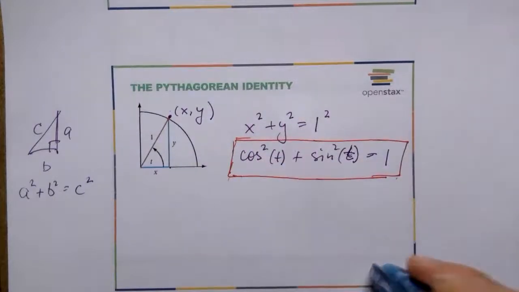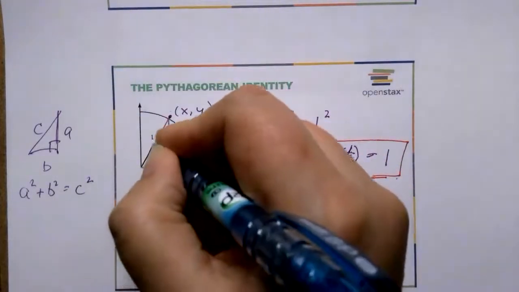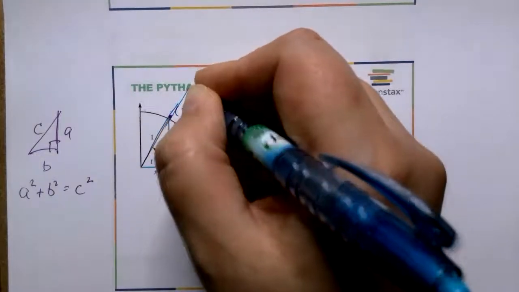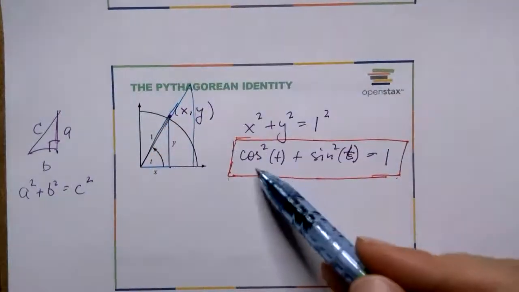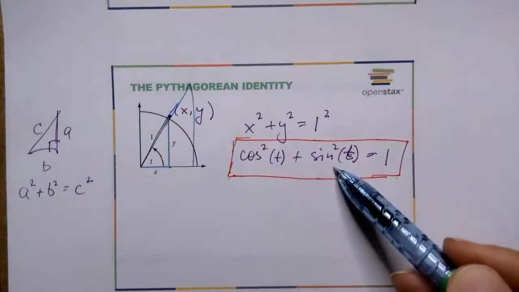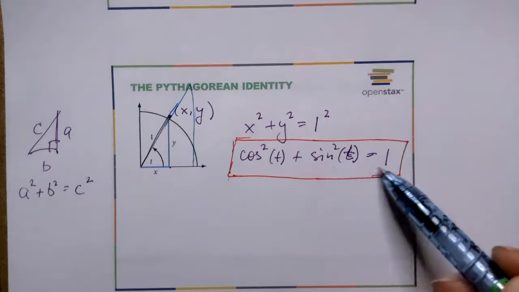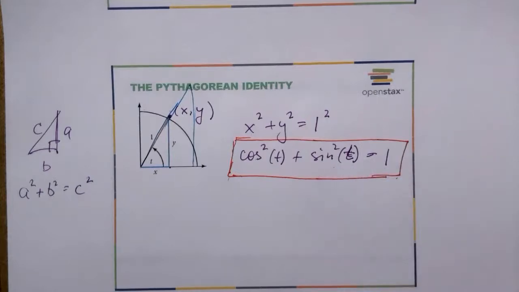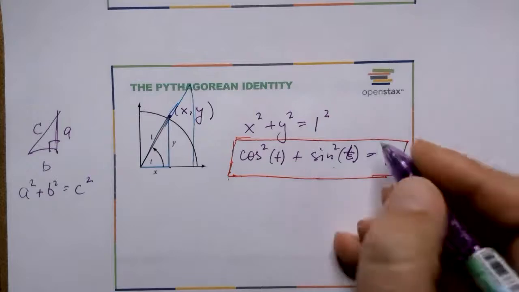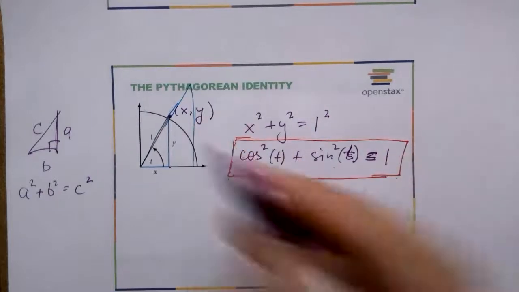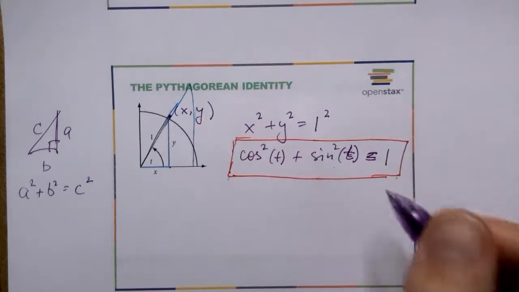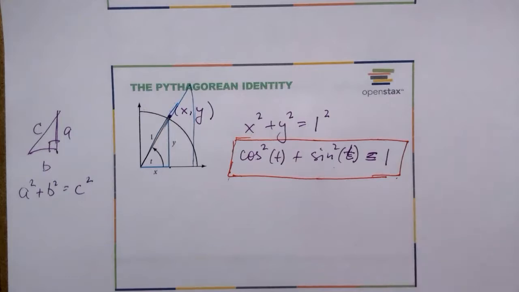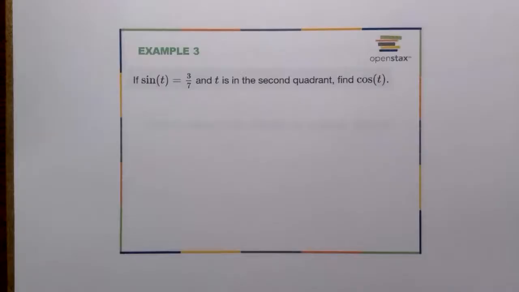So if we were to extend this triangle, the sine value and the cosine value would be the same, and this identity would work as well. So this identity works not only for the unit circle, but for any angle and any circle. So it's a basic identity. Again, please remember it.